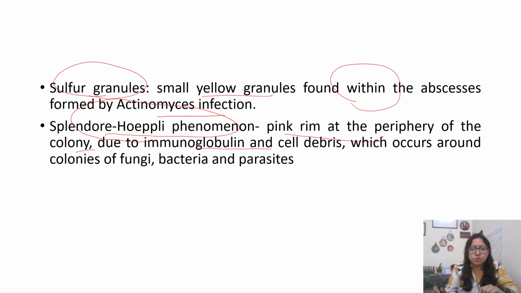So this is what you saw: the pink rim at the periphery, because of immunoglobulin and cell debris. And why is this formed? Because of the fungal, bacterial or parasite infection producing an immunological reaction at the periphery, and some cell debris gets accumulated there.